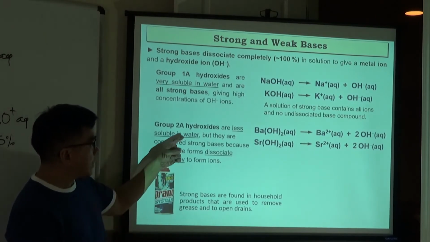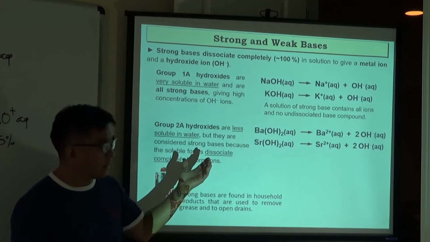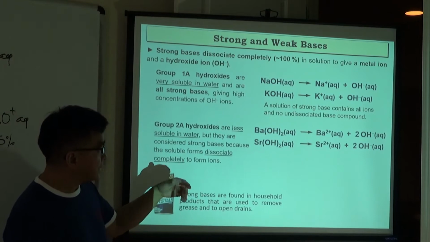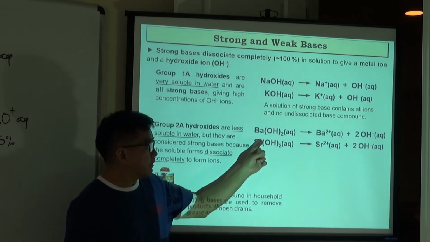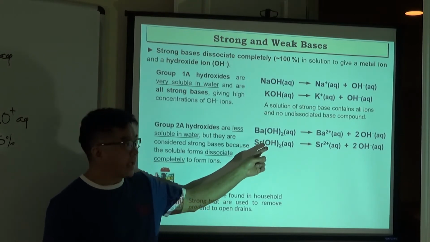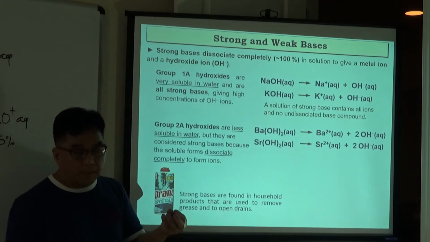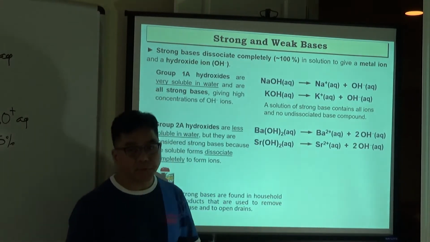Now, because of their lower solubility, some chemists don't consider them strong bases. For example, for barium hydroxide, even though it dissociates 100%, only a small amount dissolves in water, so the amount of hydroxide produced is also small.